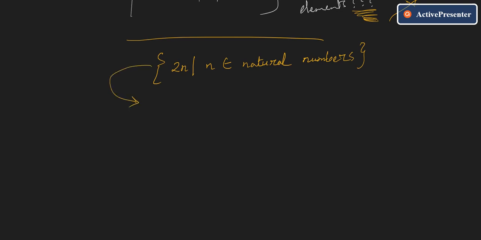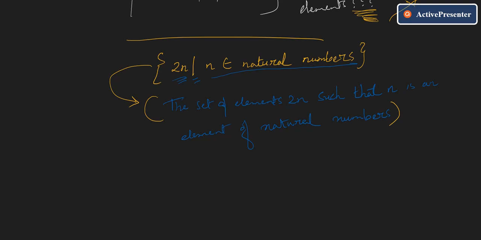You can read this set as the set of elements 2n, such that n is a natural number. n is an element of natural numbers. This is how you read this notation.